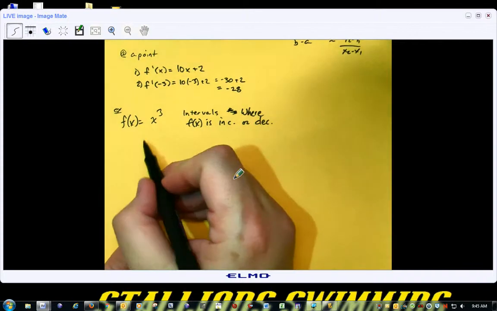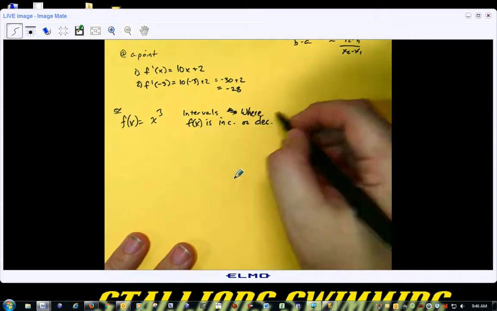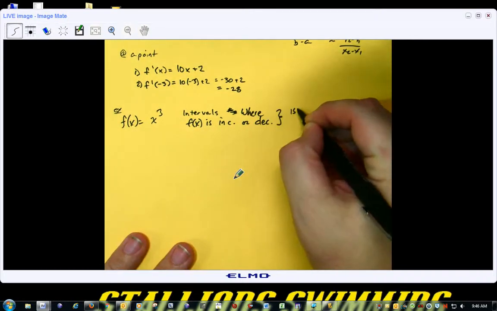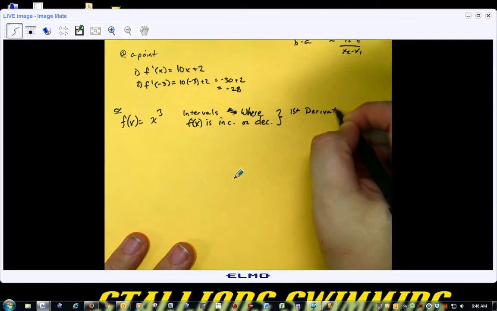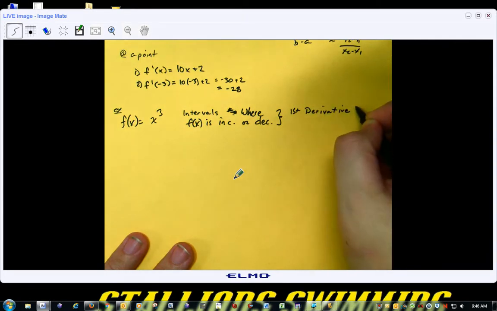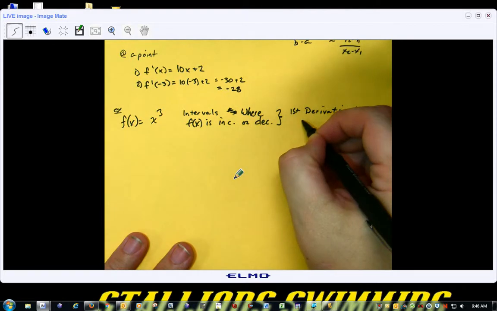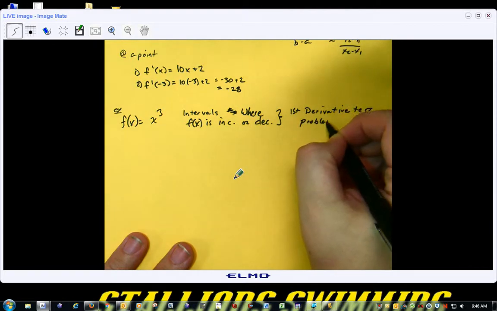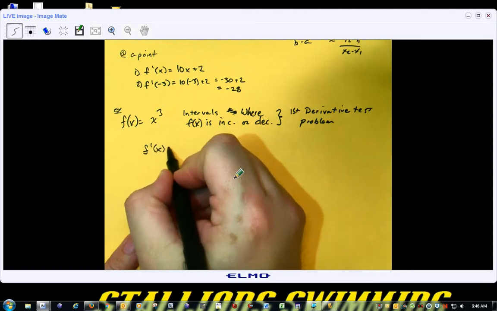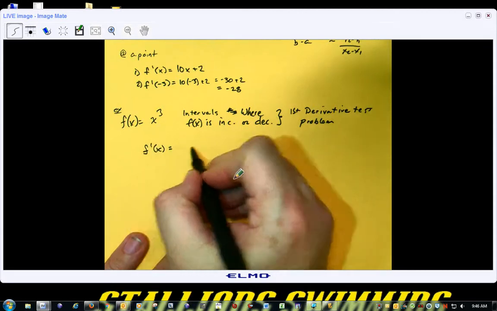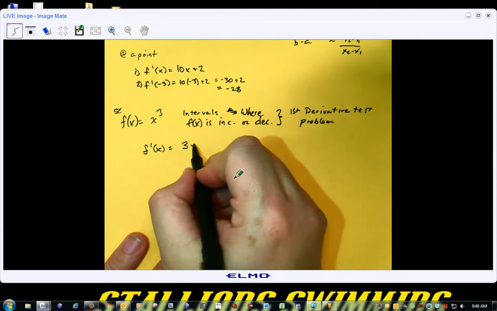Alright, so this is essentially a first derivative test problem. So we get f prime of x, which is what? 3x squared, correct?